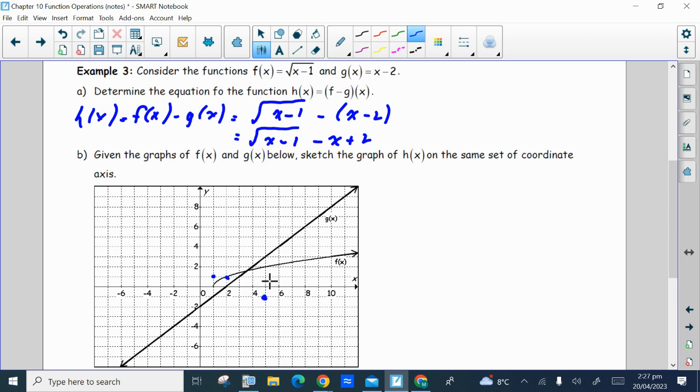So the next one we can do probably won't be until it looks like we get to around x equals 10. The y value on f is 3. At g, the y value is 8. 3 take away 8 is negative 5. So approximately right there.